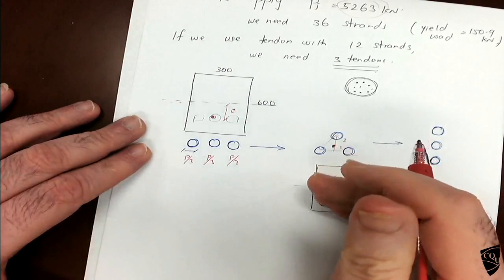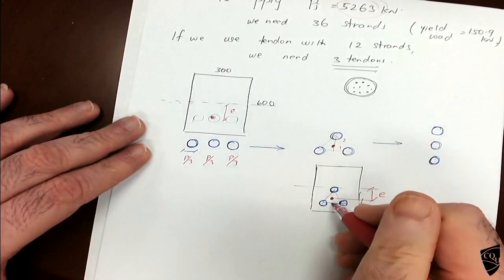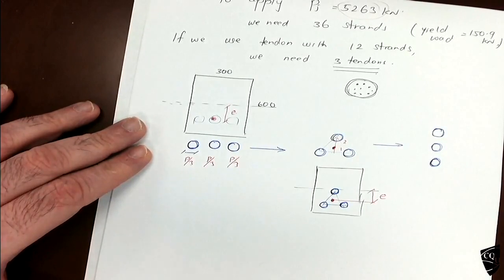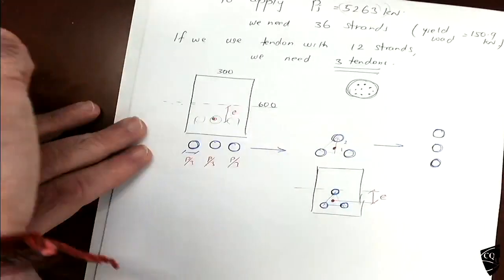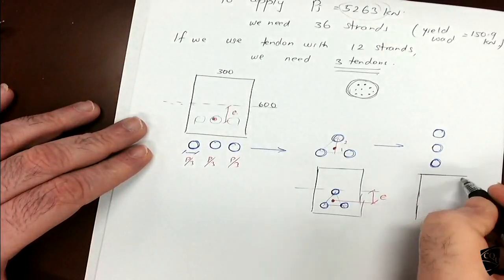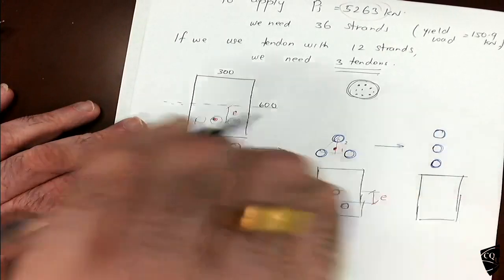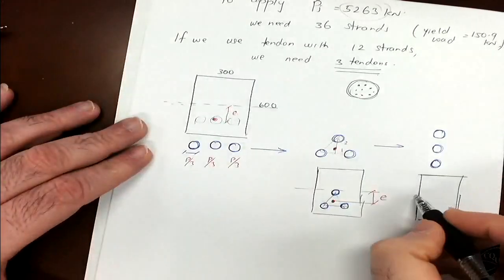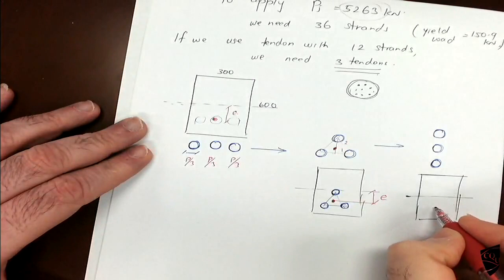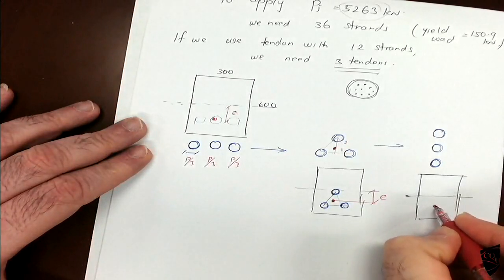So you may need to provide the tendons even below the E eccentricity. And if you have something like this, E is here.